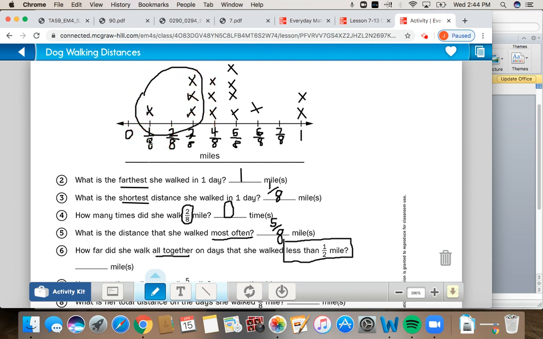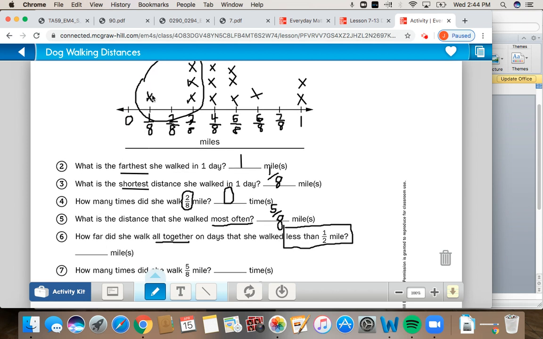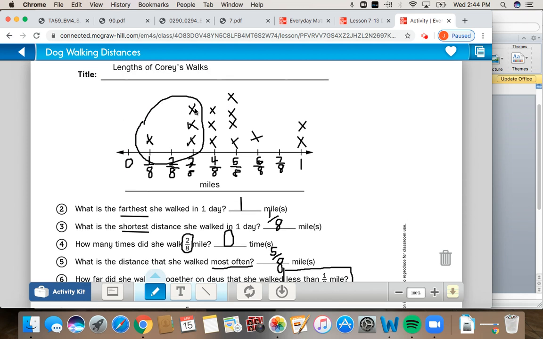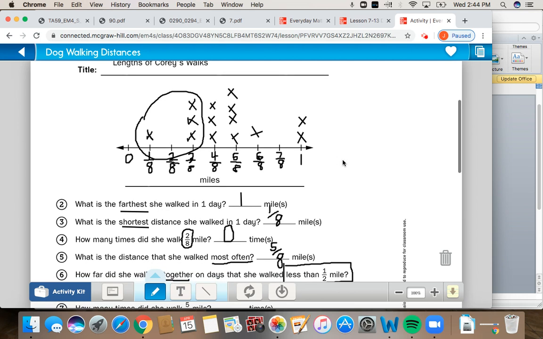And I need to know all together. And I have 1/8, 3/8, 3/8, 3/8. So what do you think we need to do to figure that out? Yeah, we need to add all of those together. I don't need to add all the X's together.